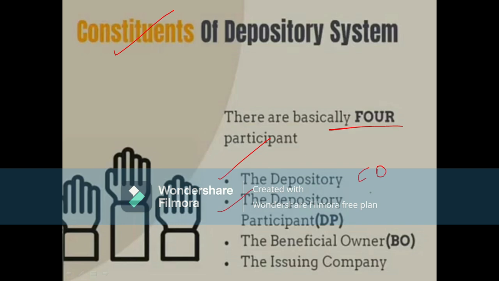Next, the beneficial owner means the investor. And the issuing company is nothing but the issuer. Issuer here, investor here, and the intermediary, the brokers, are the depository participants. Next one.